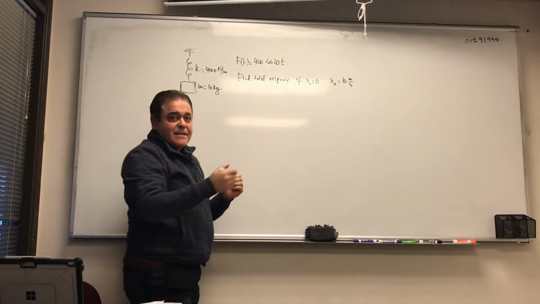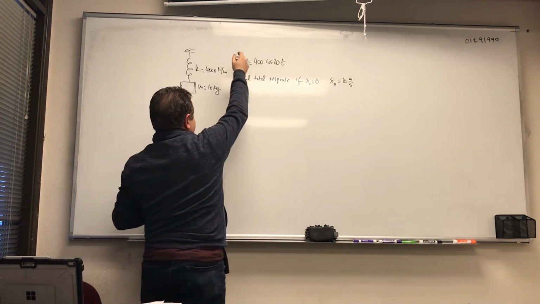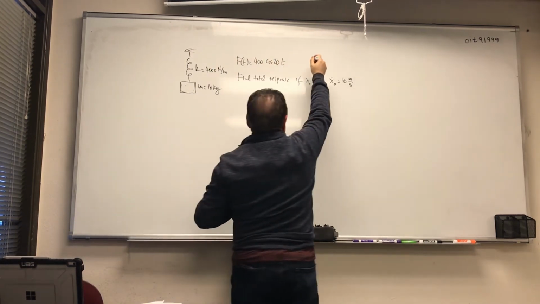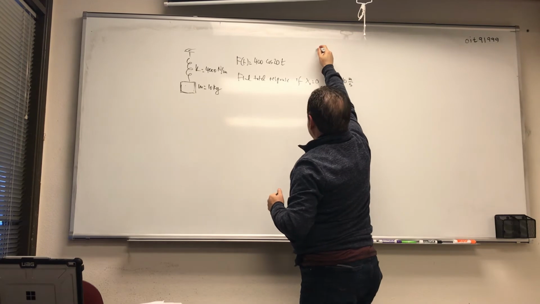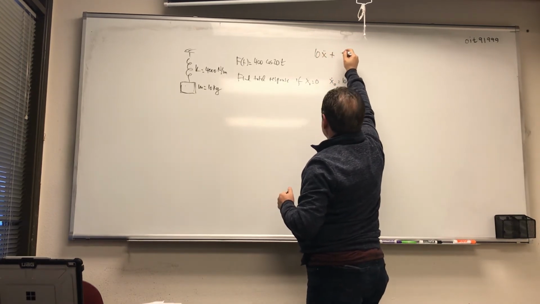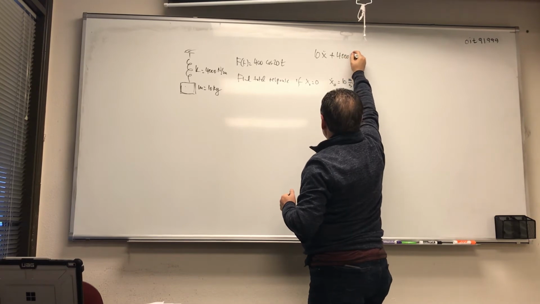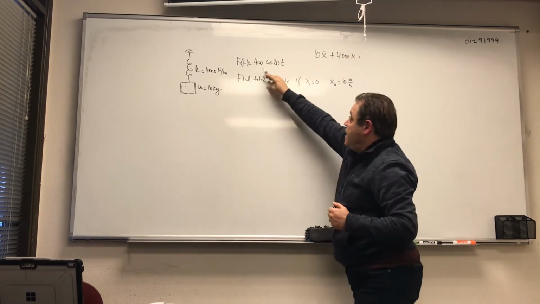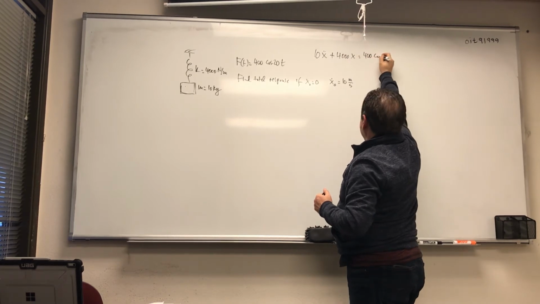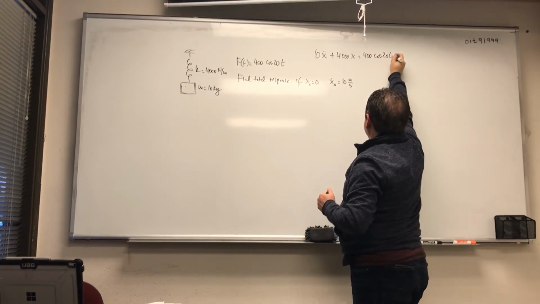Of course, it's not asked there, but the differential equation that describes this motion is mx double dot, which is 10 x double dot, plus kx, which is 4,000 x, equal to F naught cosine 20t.